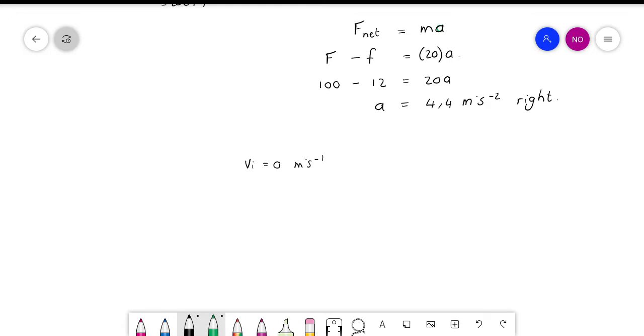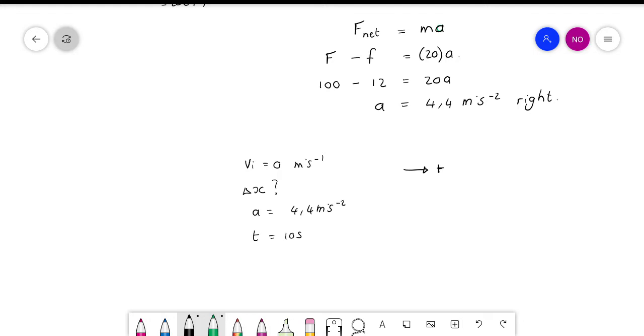Ons wil weet hoe ver het hy afgelê. Ons weet dat sy versnelling 4,4 meter per sekonde kwadraat is. En hulle vra vir ons hoeveel of hoe ver sal dit wees na 10 sekondes. Still to the right as positive.